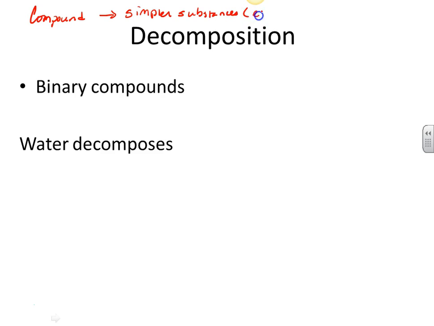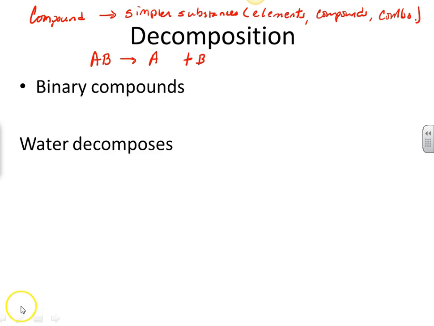This could be elements, compounds, or combination. So generally we would have something like compound AB breaks apart into A plus B. So decomposition is exactly what it sounds. It is going to be the breaking apart, or decomposition literally means breaking apart of something.